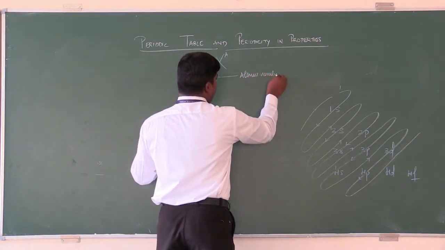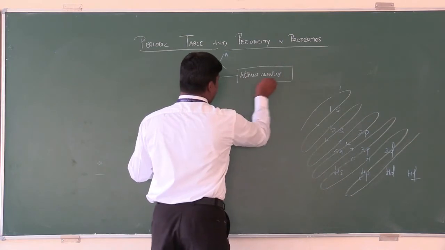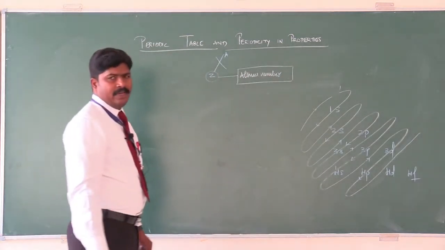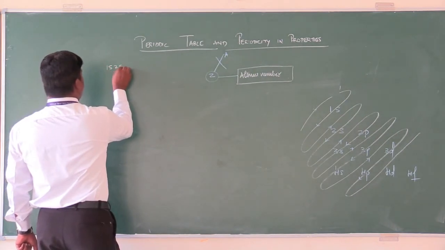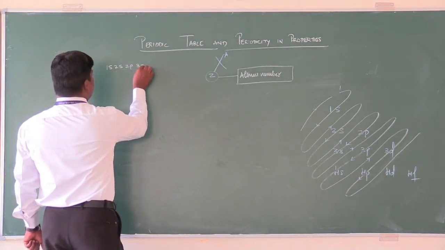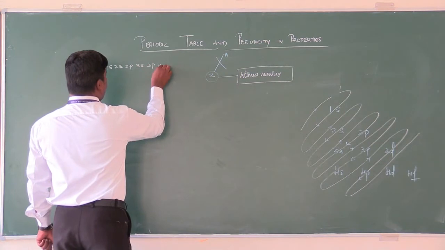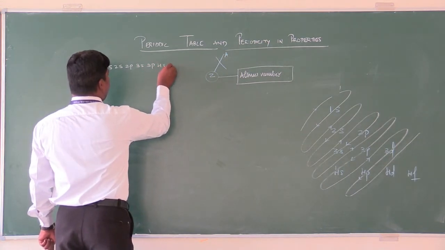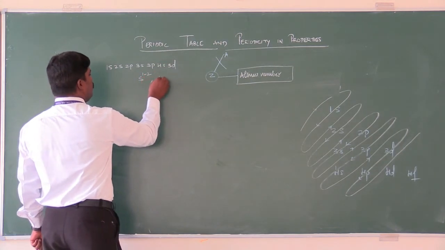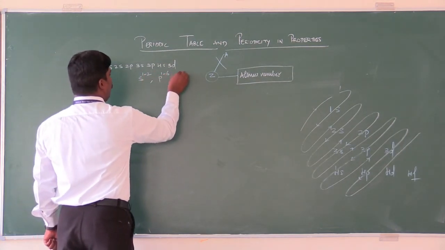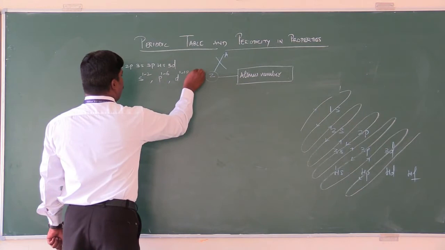With the help of the atomic number, you are going to arrange the electrons, based on the order which I already wrote here: 1s, 2s, 2p, 3s, 3p, 4s and 3d. The information is already there: S 1 to 2, P 1 to 6, D 1 to 10, F 1 to 14.